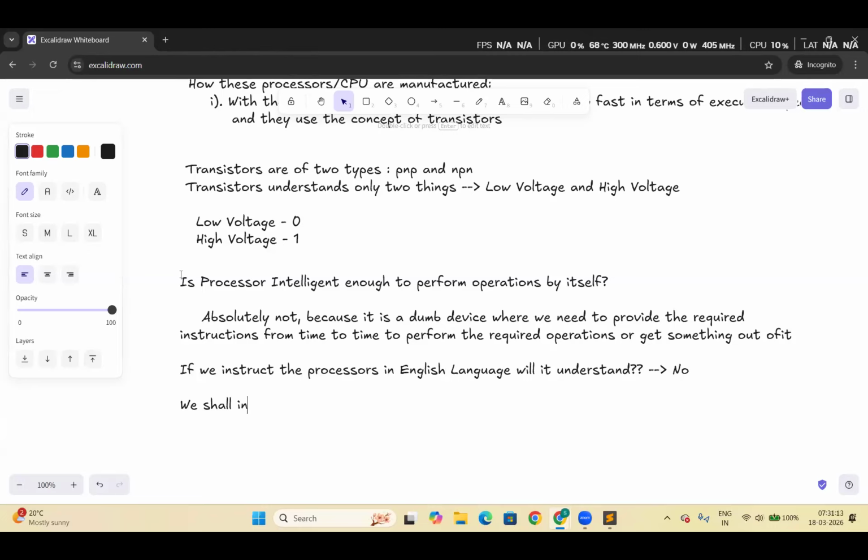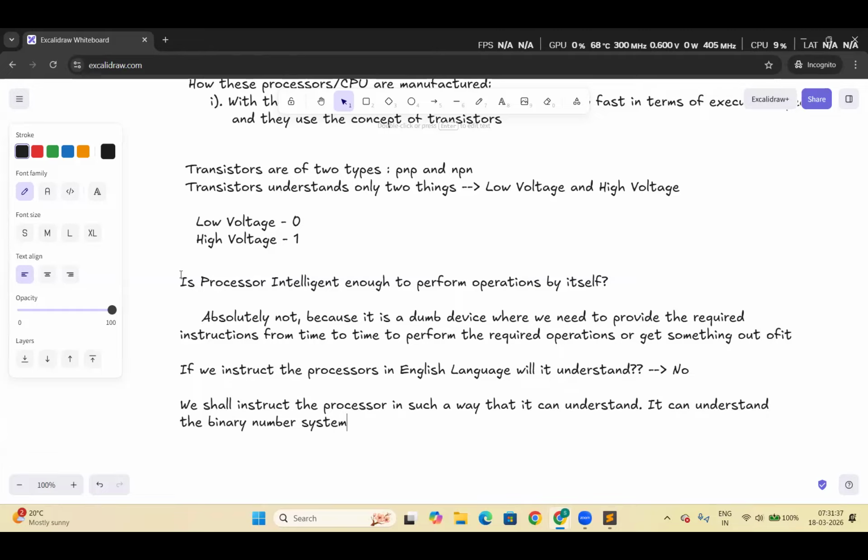We shall instruct the processor in such a way that it can understand. It can understand the binary number system.